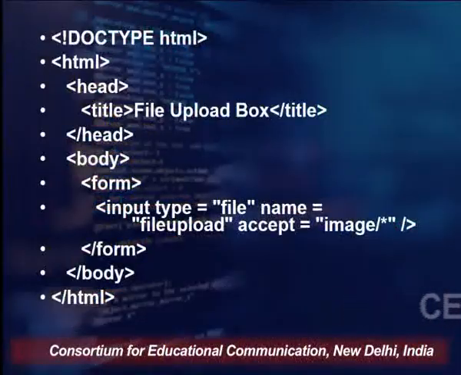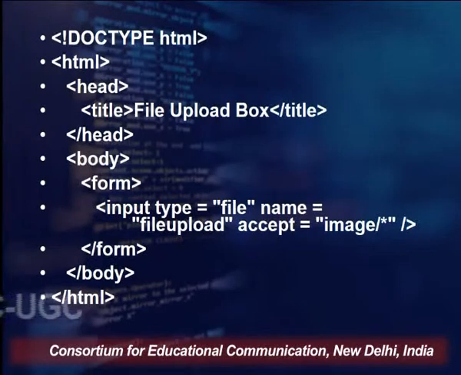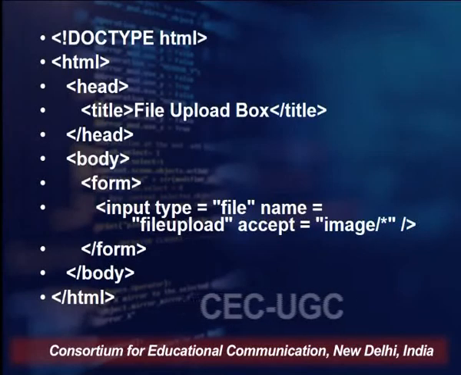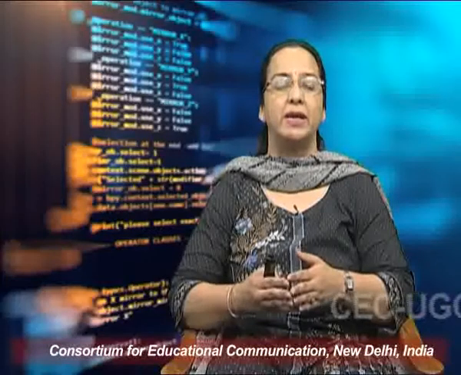Then there comes accept. Here I have written accept equals image slash star. Star means all forms. So basically the kind of file this control is going to accept will be an image file.